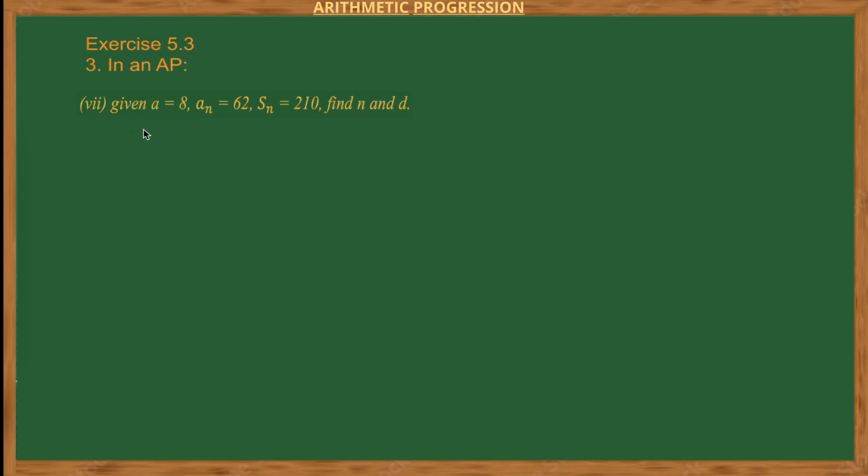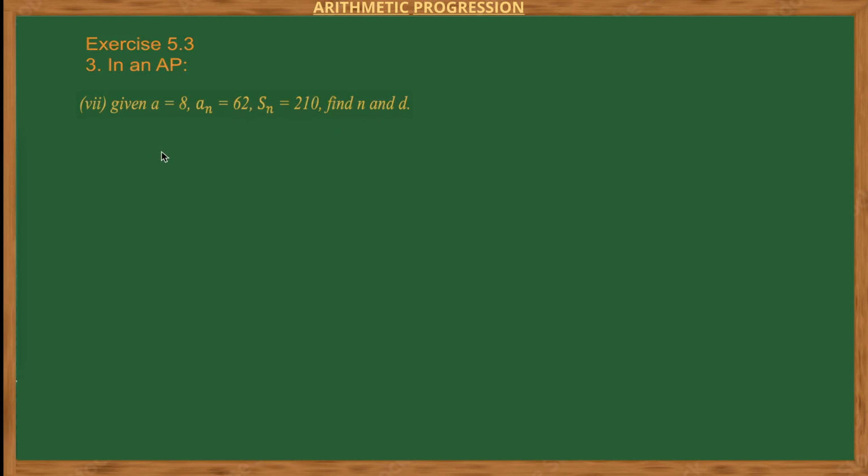Okay, so given an arithmetic progression, a value is there, the nth value is 62, and the sum of the n terms is equal to 210. Find n and d. So which one can we find?